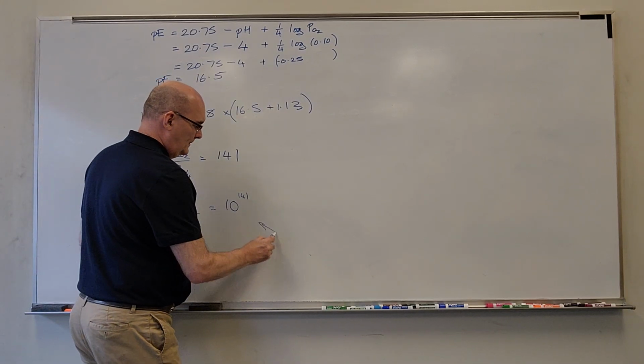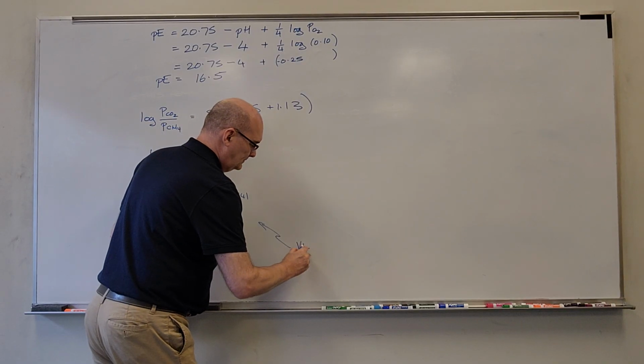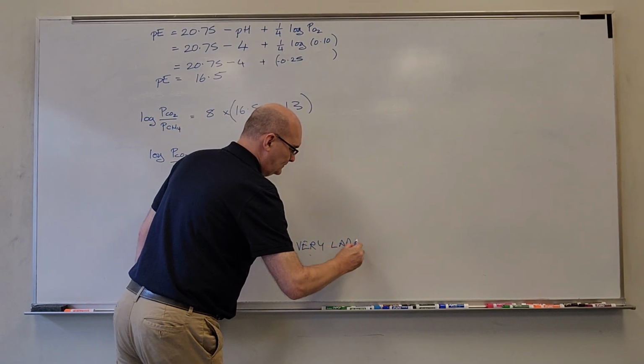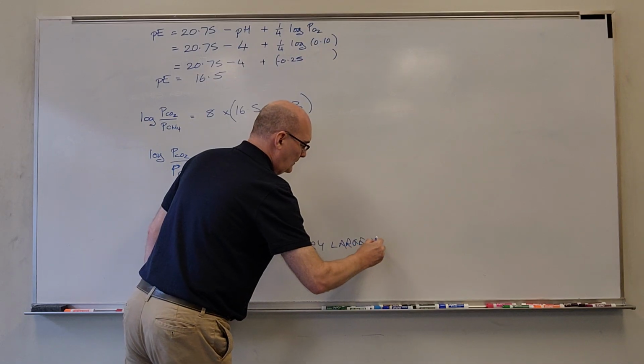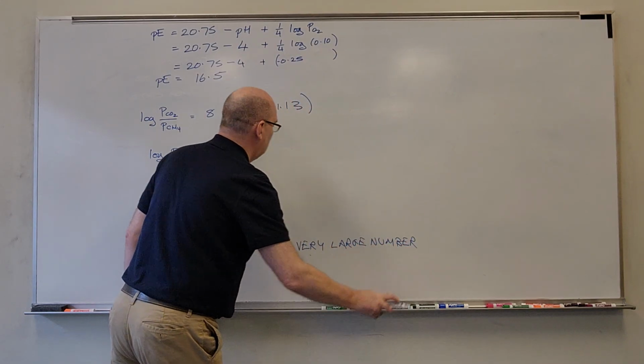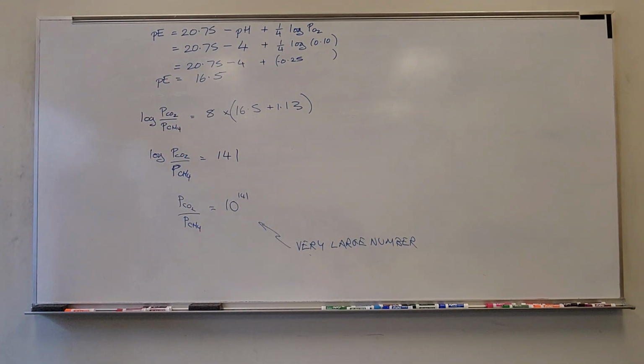Wait, is that right? Would it be negative? No, that is weird. So it's just 10 to the 141 then? My calculator won't do it. Yeah, it's going to be an astronomically large number.